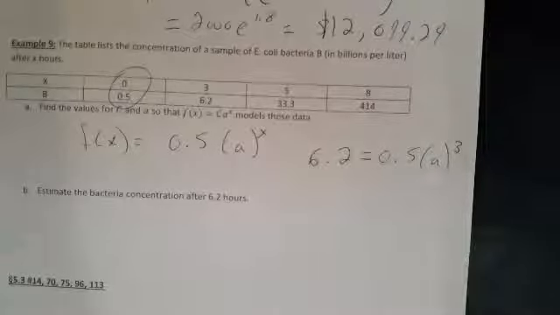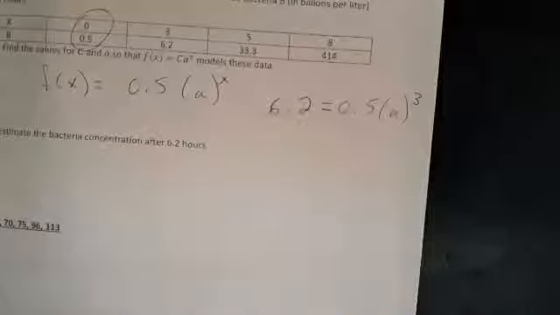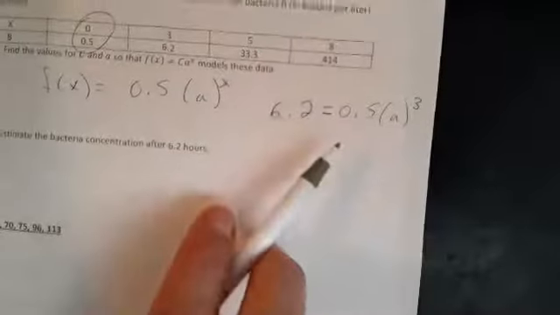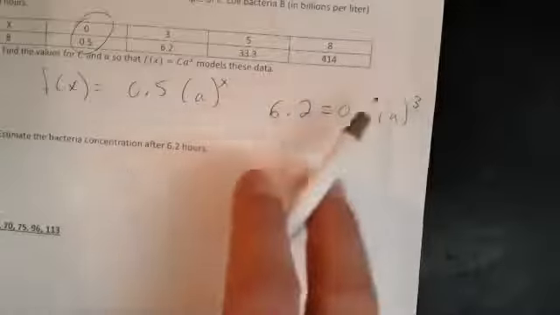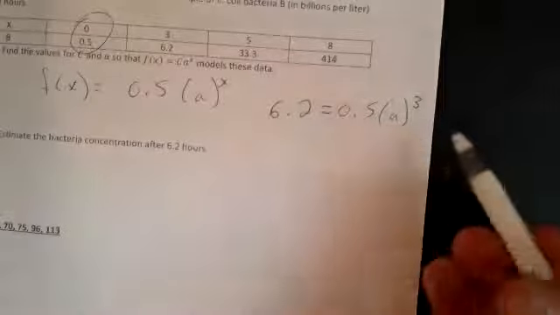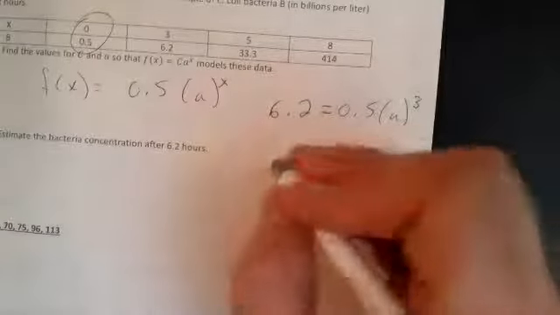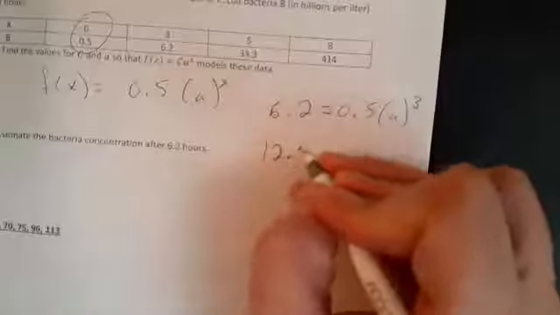We might be going into new territory because we hadn't talked a whole lot about cubes. So this is 0.5A cubed. I have to divide each side by a half, or this is the same thing as multiplying it by 2. So this should be 12.4 is equal to A to the third.